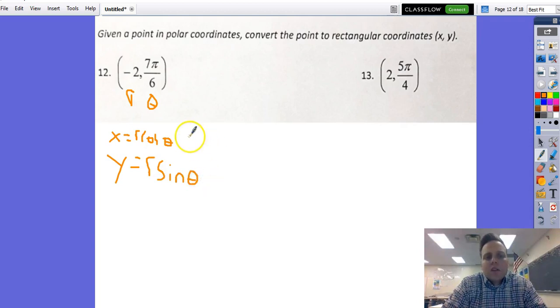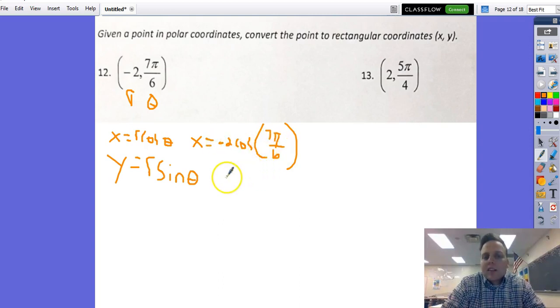So for this problem, x is going to be equal to -2 times cosine of 7 pi over 6.